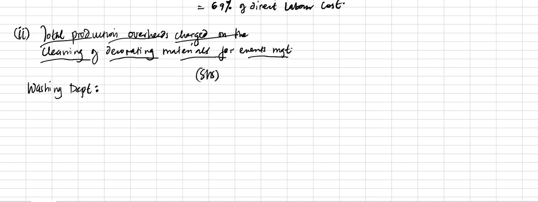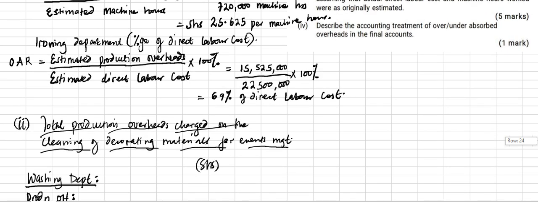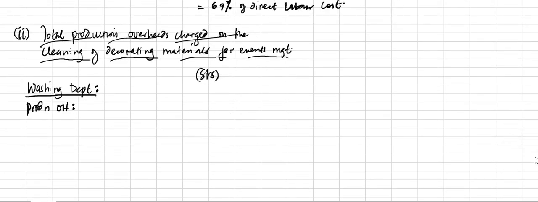We need to find out what is our rate, because overheads absorbed or overheads charged to the job, we have to get the overhead absorption rate, and it is 25.625 shillings.